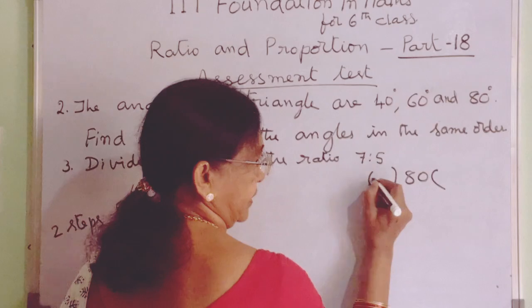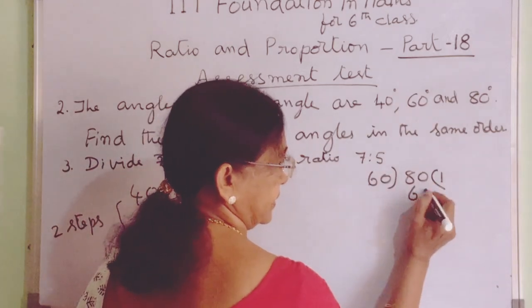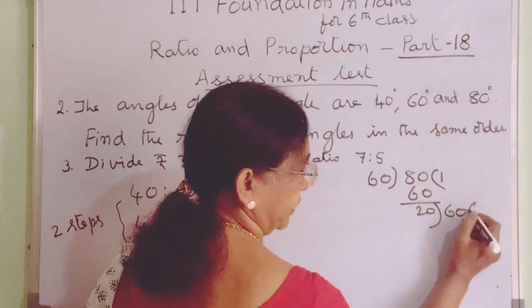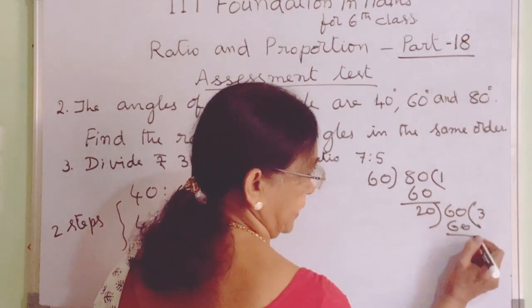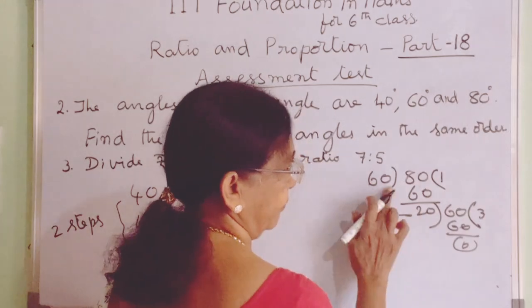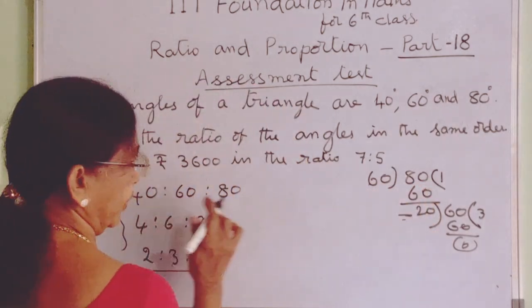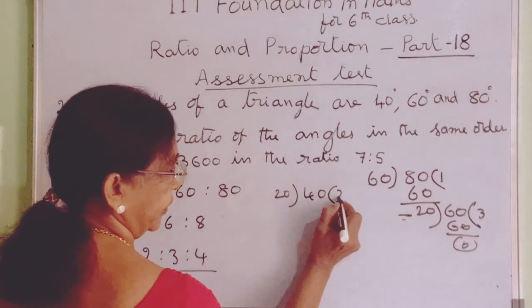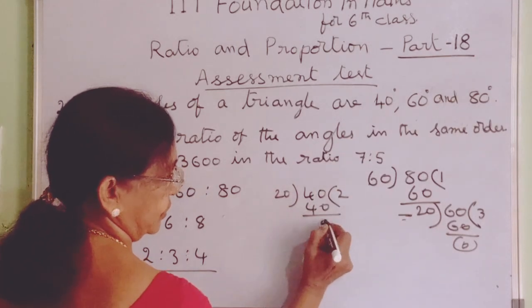So 80 is divided by 60, 6 1s is 60, 20 remains, and 60 is divided by 20, 20 3s is 60. Therefore this is the HCF of 60 and 80. Next 40 and 20 remains. Therefore 40 is divided by 20, 20 2s is 40. So 0.